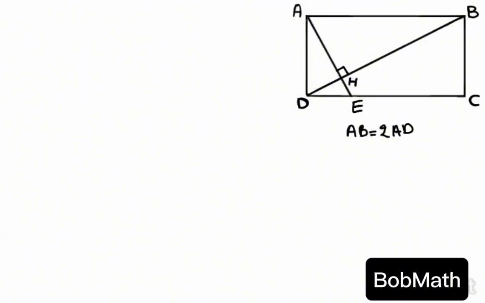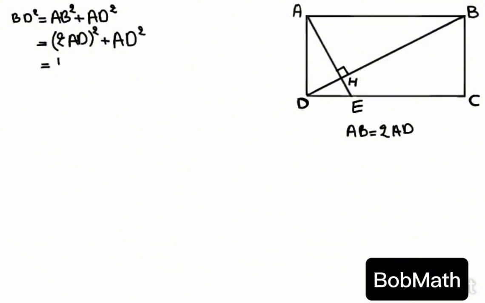Now we have the right angle triangle ABD at point A. So according to the Pythagoras theorem, BD square equals AB square plus AD square, equals (2AD) all square plus AD square, equals 4AD square plus AD square.